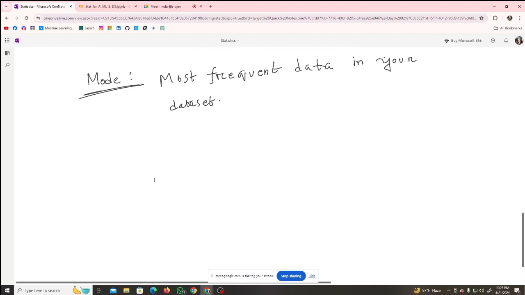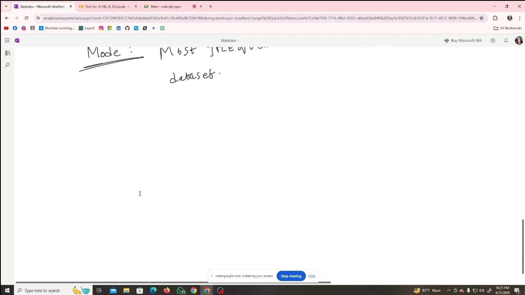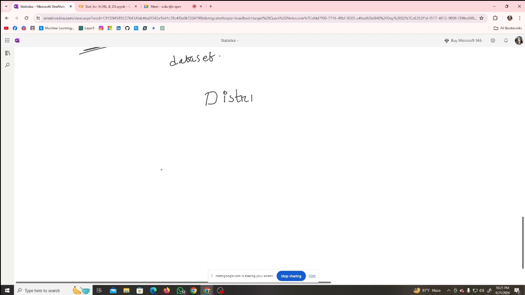Okay, let me introduce a new topic, which is distribution. I'm introducing distribution because next we are going to talk about skewness. So distribution. Suppose you have a histogram, and the histogram contains the ages of people in one classroom.